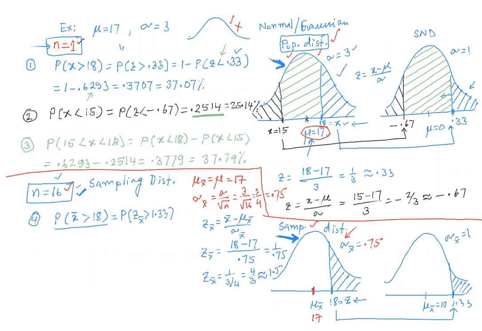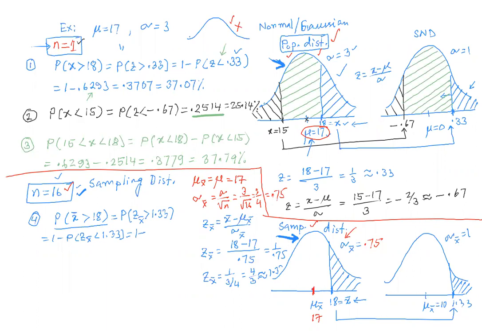That is 1 minus the probability of z sub x bar less than 1.33. If you look it up in the standard normal distribution table, 1.33 would give you 0.9082.